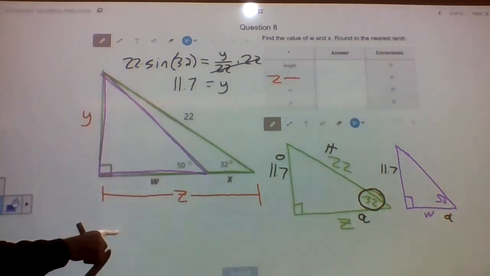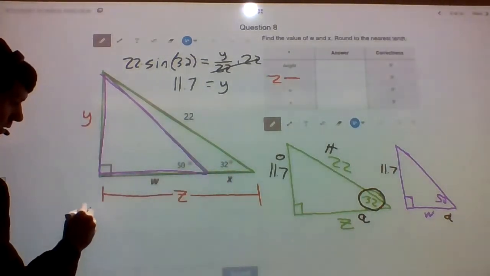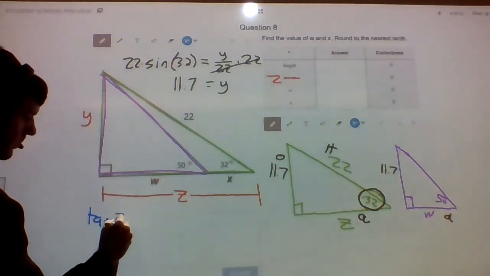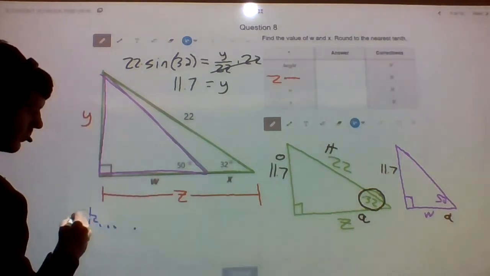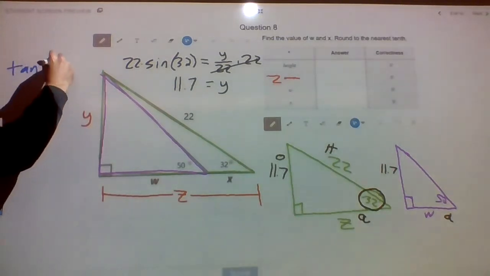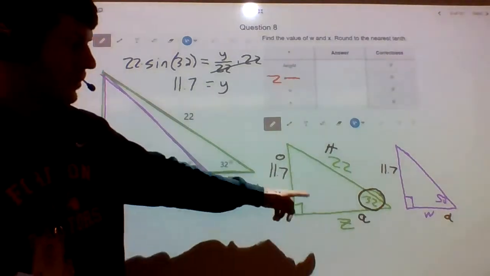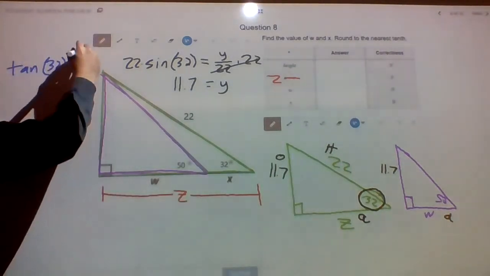We'll write them down here. So let's do the first one. Tangent 32 is going to equal opposite over adjacent, so it's 11.7 over z.